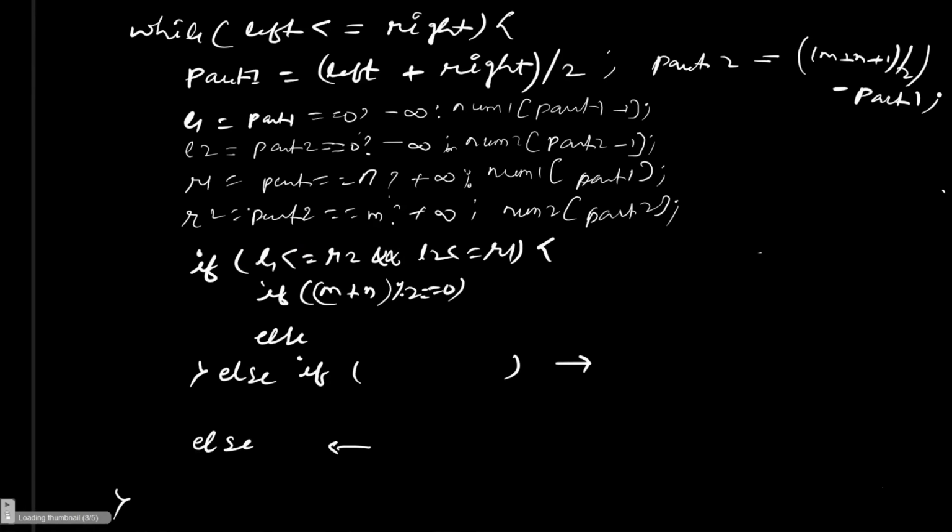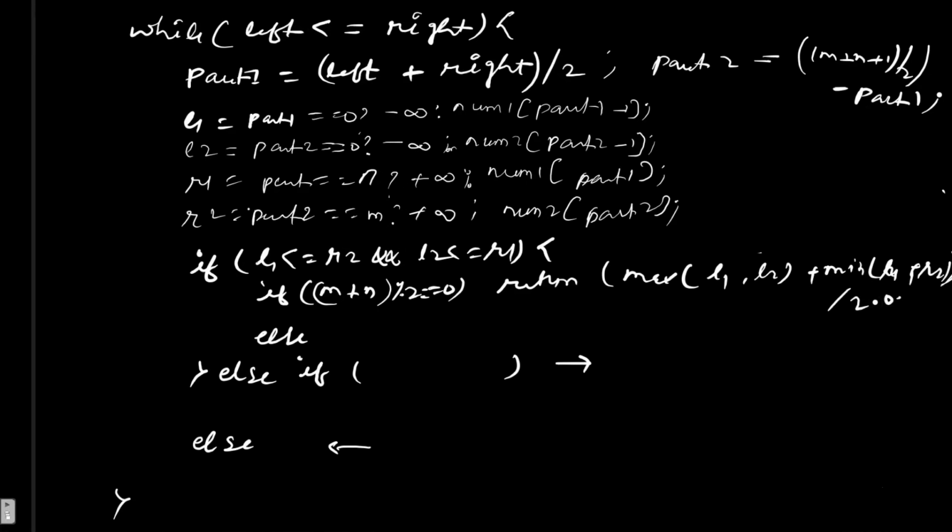So let's write it down. In the even case, return max of L1, L2 plus min of R1, R2, and divide by 2.0.